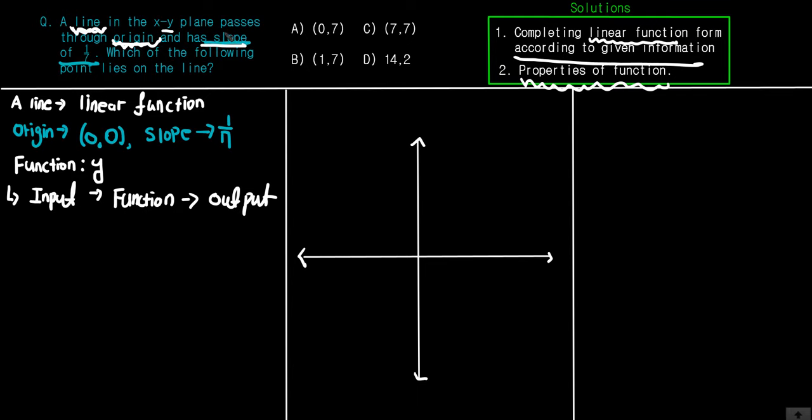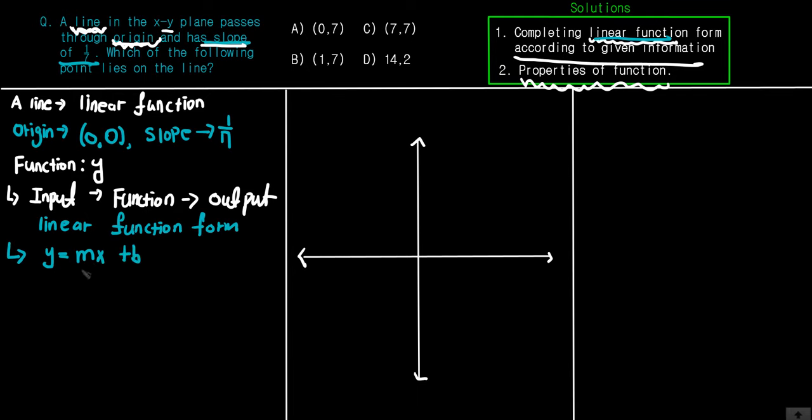So let's think about it in terms of a linear function's form. The linear function form is y is equal to mx plus b.